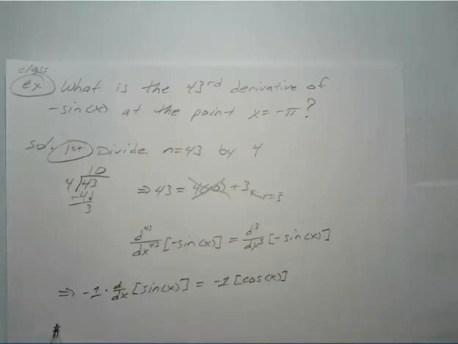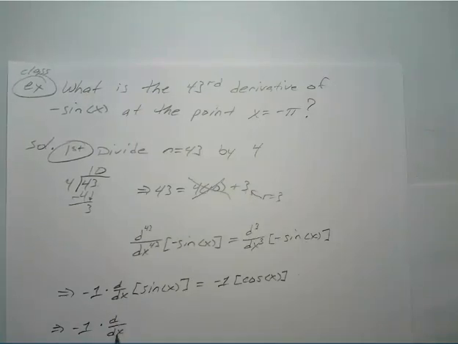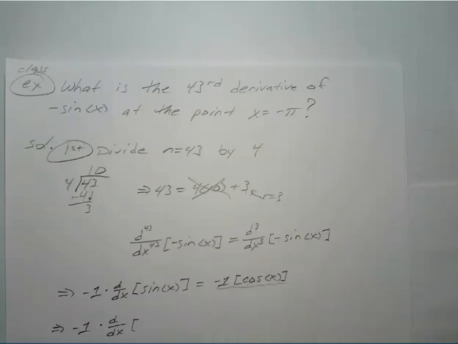If we're looking at the second derivative, you have negative 1 times the derivative, so negative 1 times cosine of x, that would be negative cosine of x.